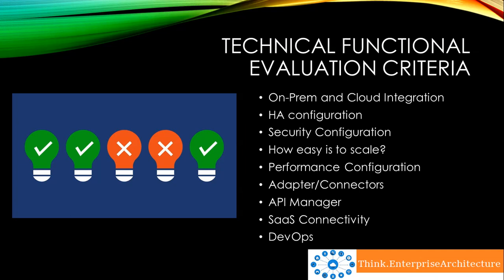Then how high-availability configuration works, and security is another important aspect that you have to focus on. How easy is it to scale, what is the performance configuration, and what adapters or connectors are available? If you are already using some software, check whether a ready-made connector is available or not, or whether it is paid. Then focus on whether an API manager is required or not, SaaS connectivity, and how DevOps works with those tools.